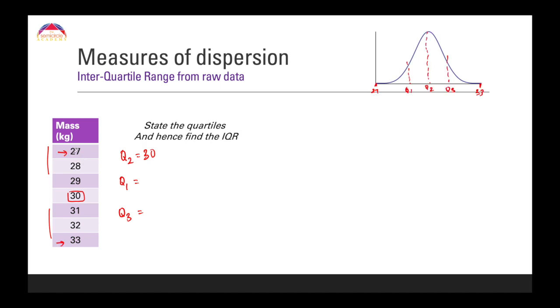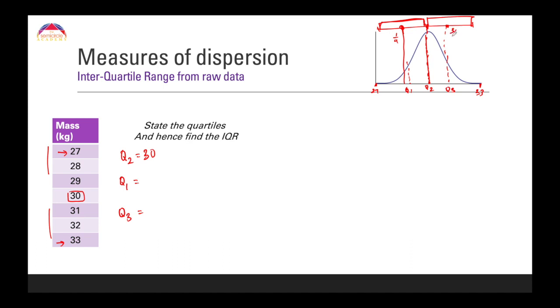So we could see here that if you look at Q2, Q2 is in the middle of your entire range, right? But look at Q1. Q1 is in the middle if you look at this half. Q1 is in the middle of that half, that's the quarter mark. And then if you look at this half, Q3 is in the middle of this half.